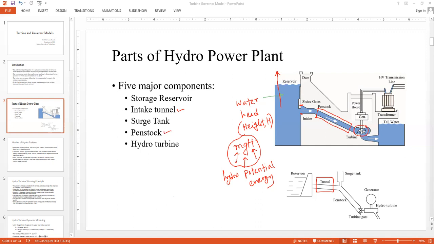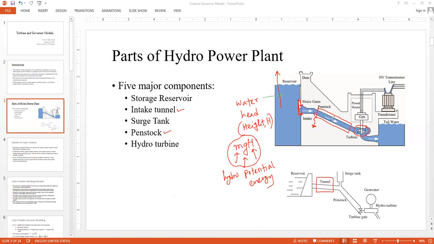And then you have the turbine blades. Once you are allowing the water to flow through the intake, because of the slope and because of gravity, there is a velocity of the water. So if you simply close the sluice gate completely, you are not going to get any kinetic energy, any motion of this water.